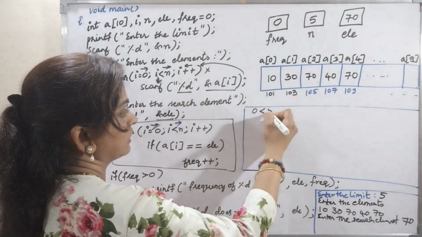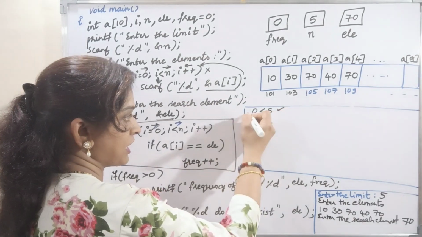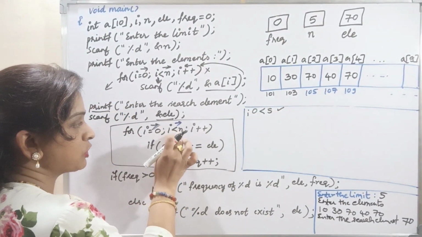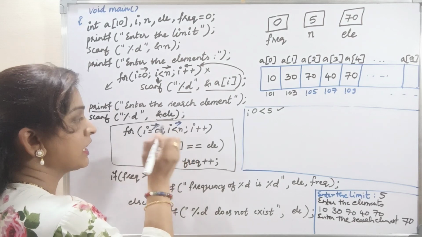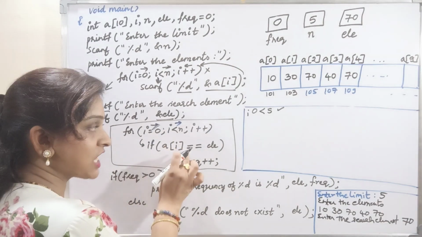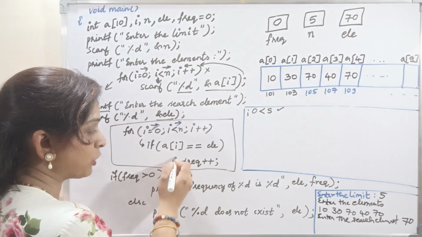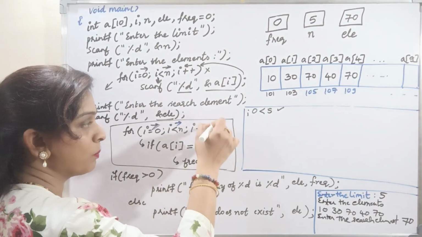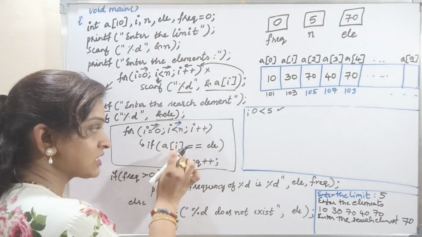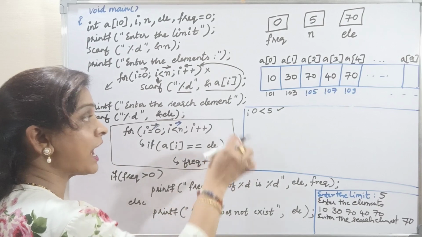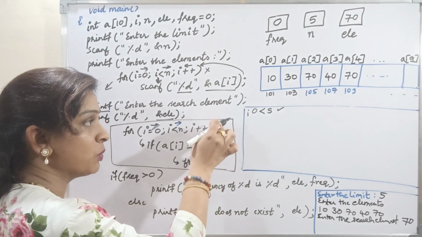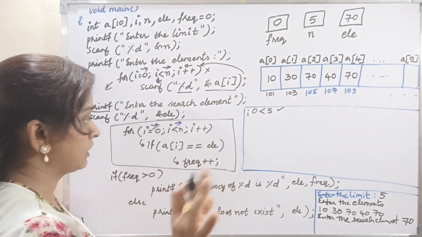N means 5. Is the condition true? Yes, this is the I value. Condition true. See, understand the flow. Based on the evaluation of this loop condition, if true, I am going to execute this if statement. If this condition evaluates as true, I am going to execute this statement, then loop back. Condition true, execute this. If this condition is true, execute this and loop back. But if this condition is false, skip this and then loop back. So we'll see that flow now.